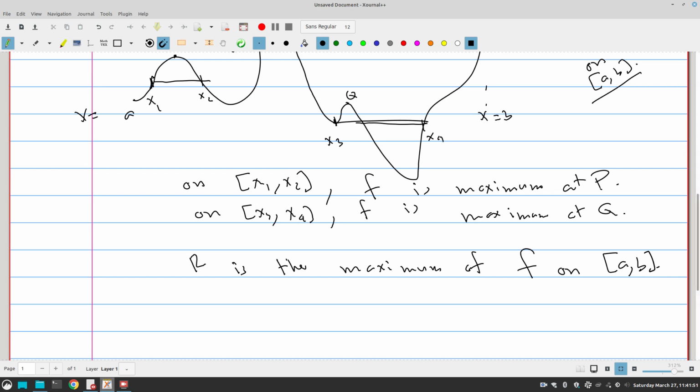R is the maximum on the entire domain. So that is why R is known as a global maximum and P and Q are known as local maxima.